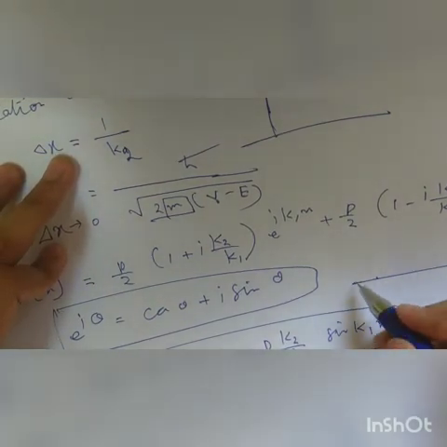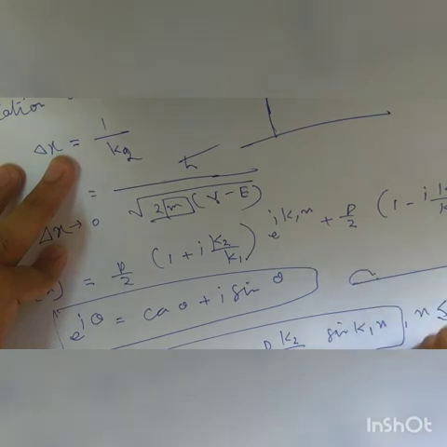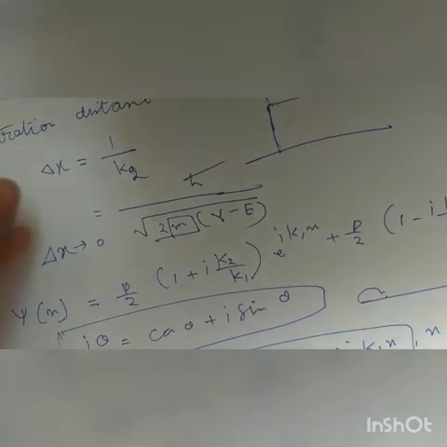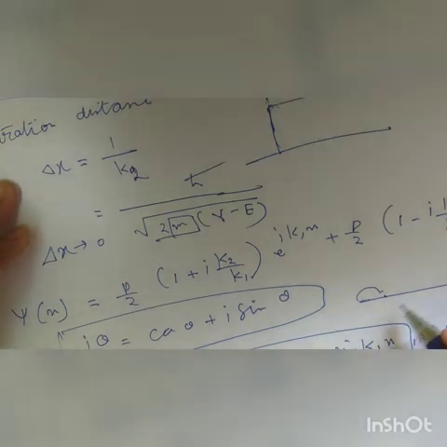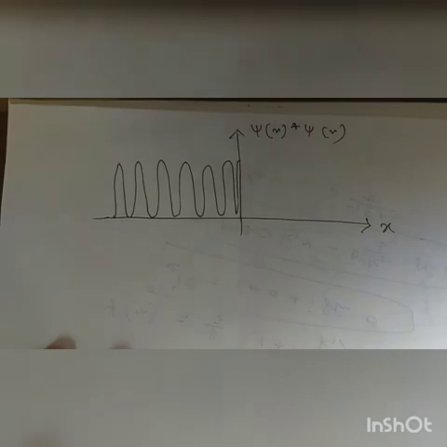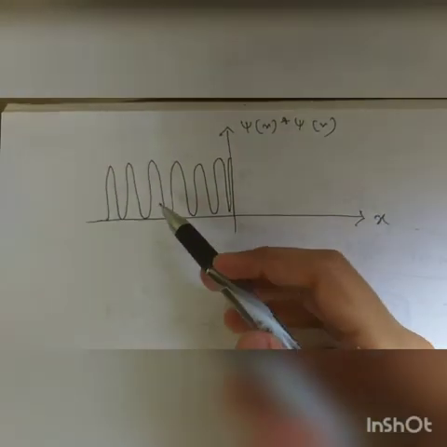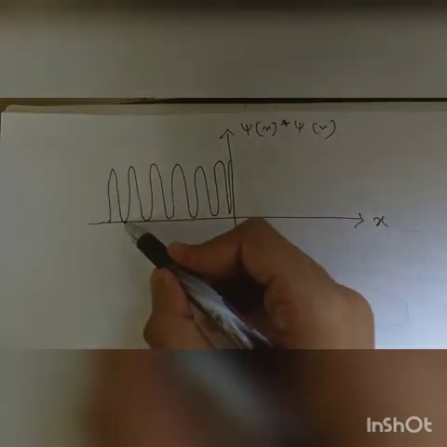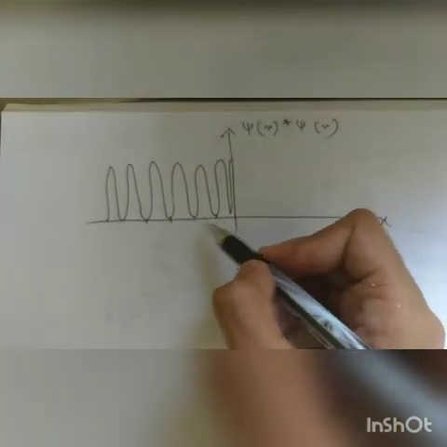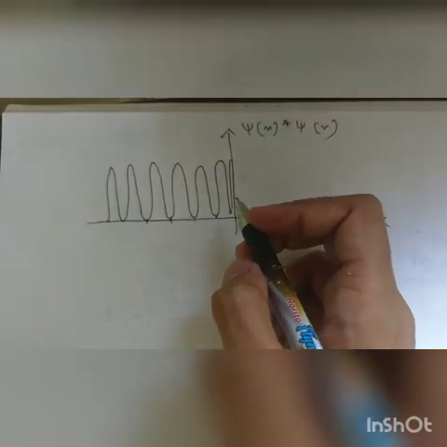It is a standing wave. If we draw the probability function for this region, we will find something like this. This is x equals 0, and there should be nodes, which will be constant for all time.